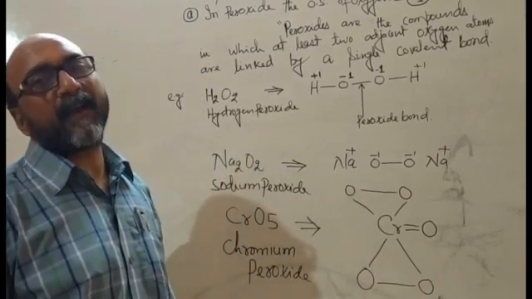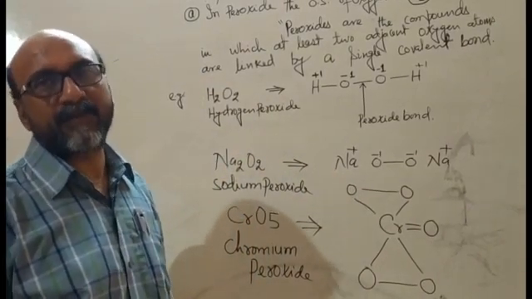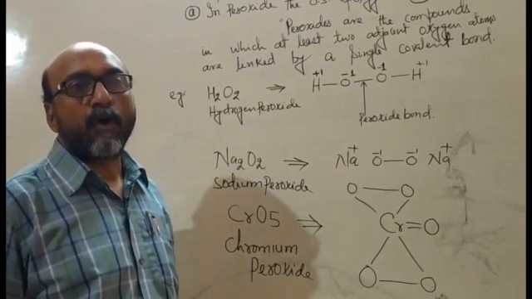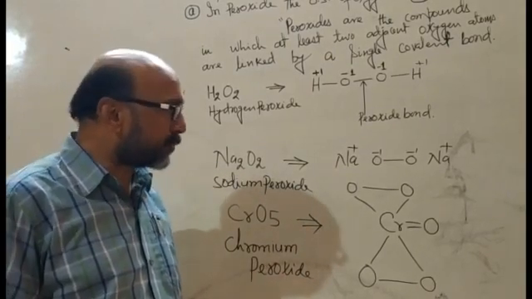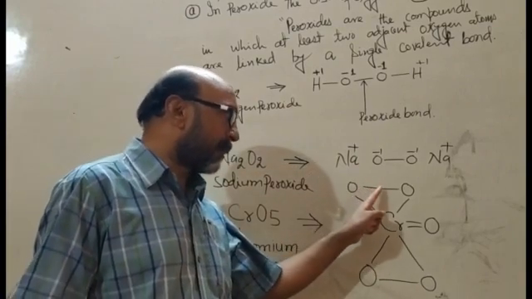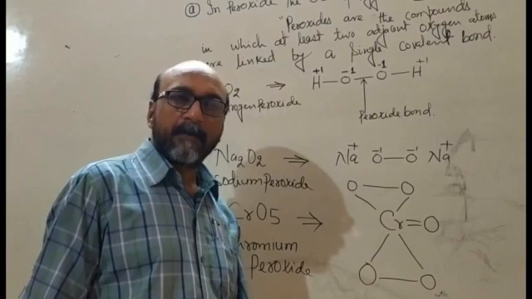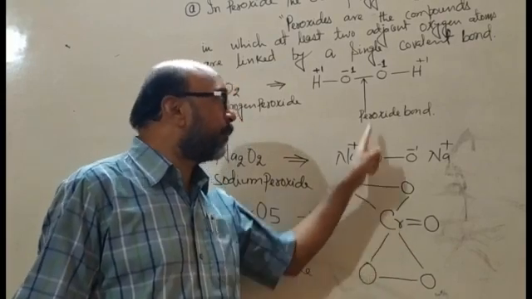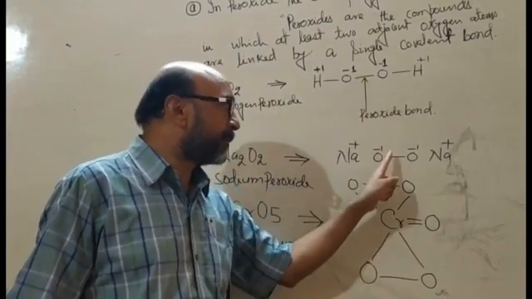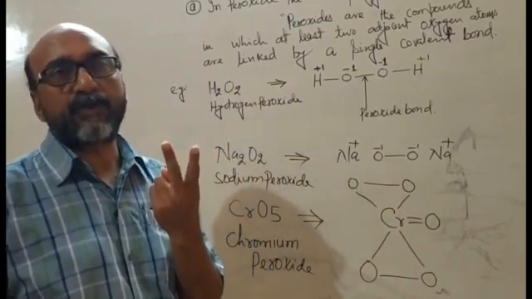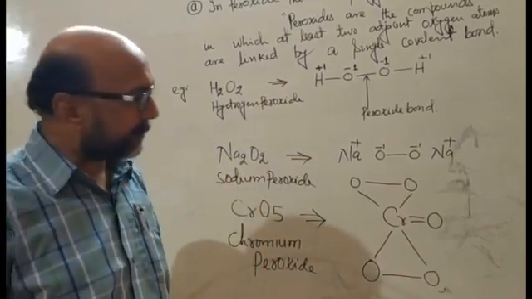These two pairs of oxygen are linked by peroxide bonds, because a single covalent bond between two oxygen atoms is the peroxide bond.